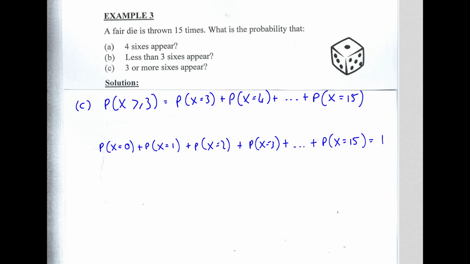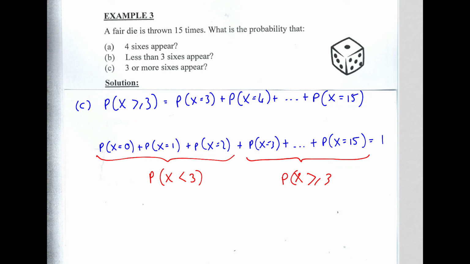Okay, we have already worked out this. All right, we worked that out in B above. Okay, this represents the probability of x being less than 3. Okay, which we already worked out. So this means that the rest of them is the probability of x being greater than or equal to 3.